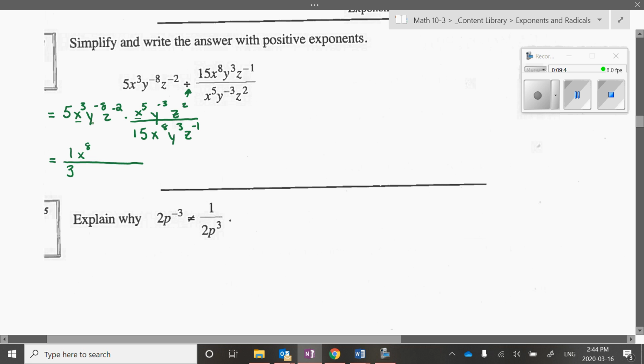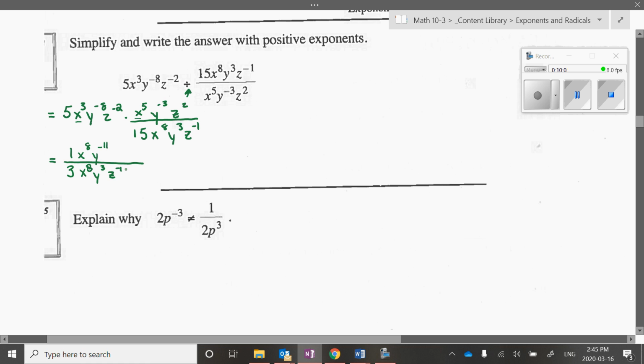Y's, I have negative 8 and negative 3, so really I have negative 11 y's. And my z's actually are going to cancel out, negative 2 plus 2. My denominator, I have nothing to combine, so I'm just going to rewrite it at this point.